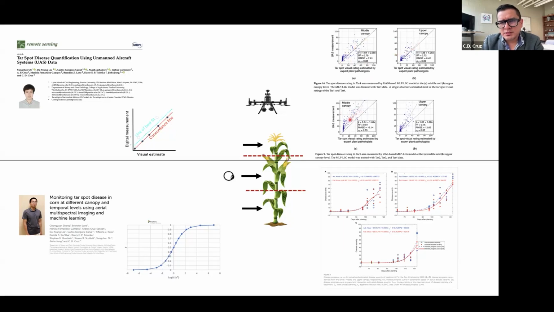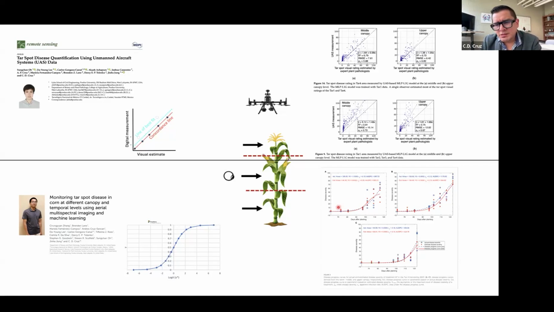In other cases, there's much more variation in the data sets, but mostly because of the visual assessments. So in this second manuscript by Chongyan Zhang, he went one step further, and besides conducting concordance analysis, he also used a population growth model, in this case logistic, to compare and contrast the disease progress curves that were obtained by visual assessments and also from the digital information.